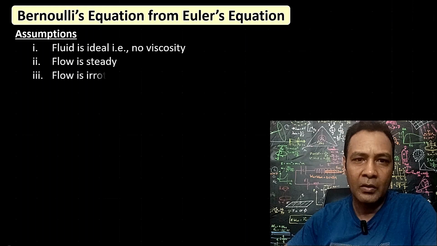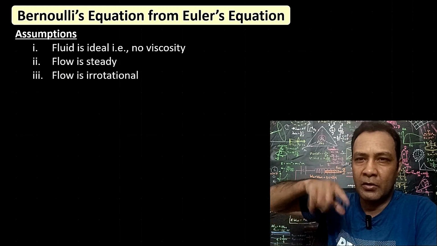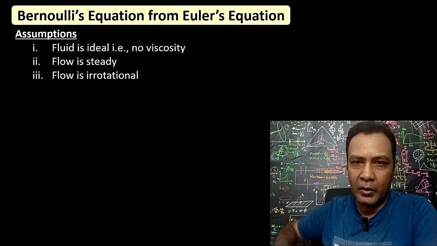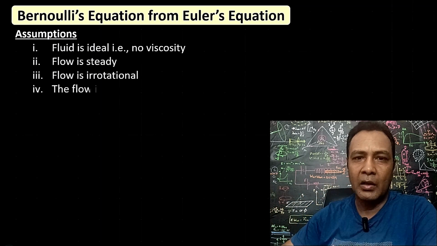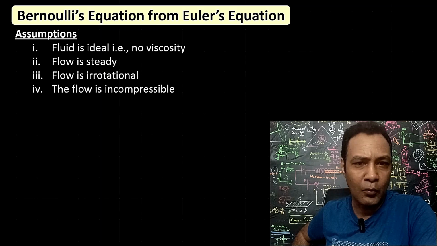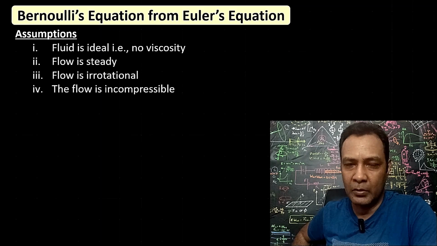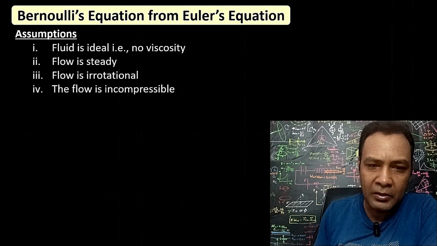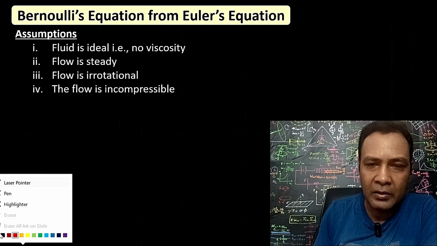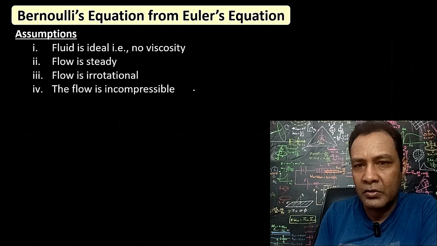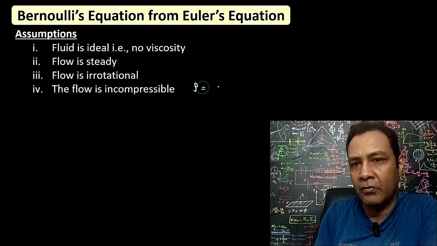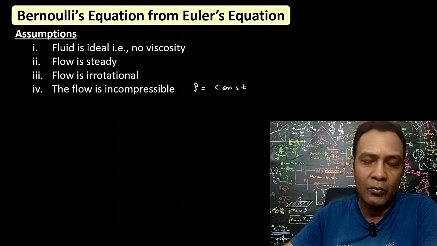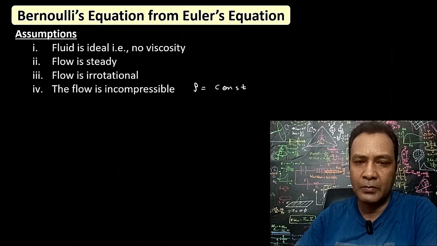Flow is irrotational, meaning it is not curling, there is no vortex being formed. And the flow is incompressible. That is one important thing. If the flow is incompressible, what does that mean? That rho is constant, meaning the density of the fluid is constant. You cannot compress it, meaning the volume cannot be changed for a given mass.